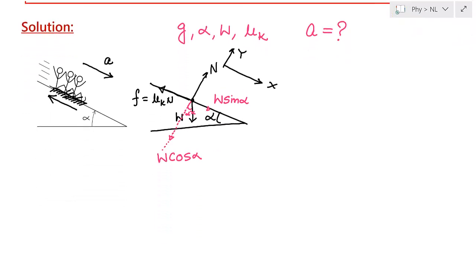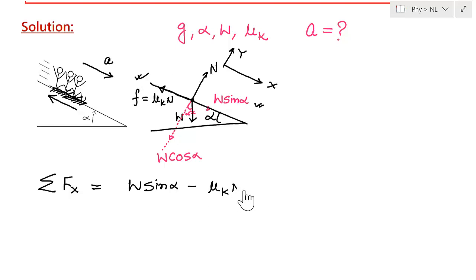Now we have to write the equation of motion. So let us write the equation of motion in the x direction and in the y direction. So in the x direction I can write summation of forces is equal to mass times acceleration. So what are the forces that are acting? One force is W sin alpha. And friction is acting in the opposite direction, that is mu k times N. And this is moving in this direction along the x-axis with acceleration a.